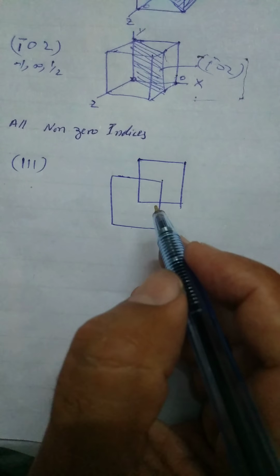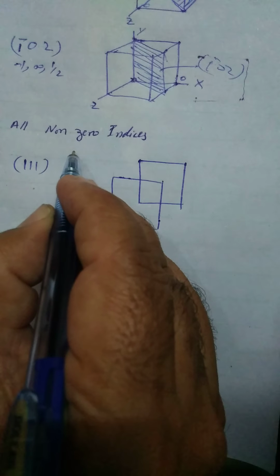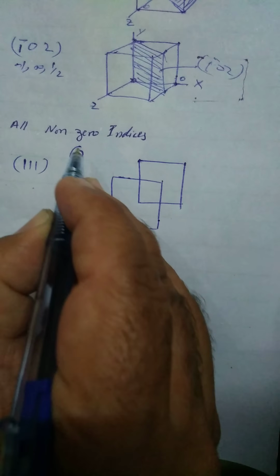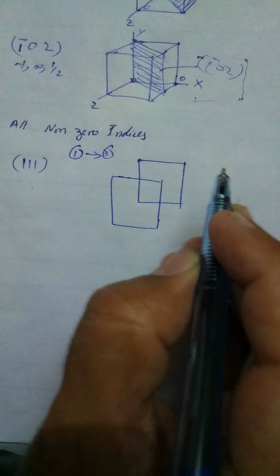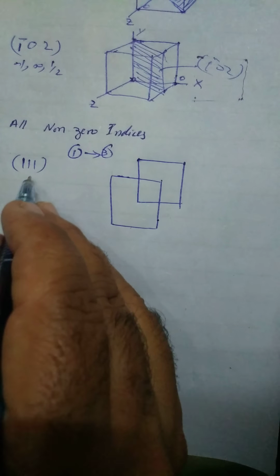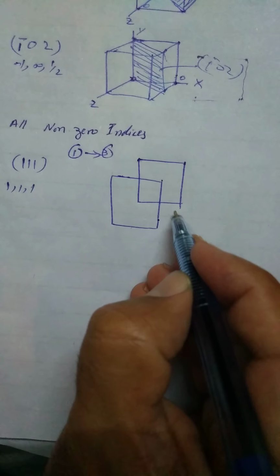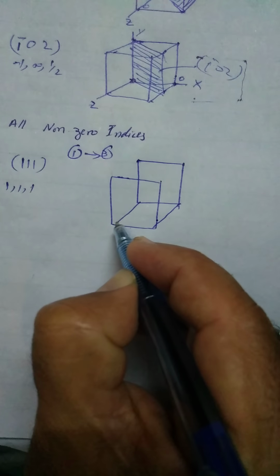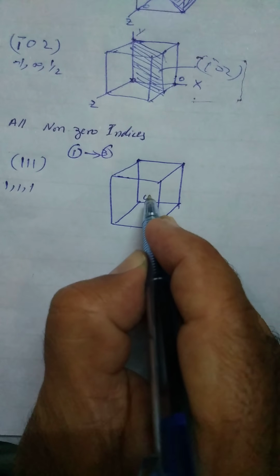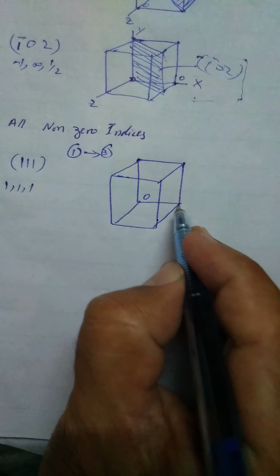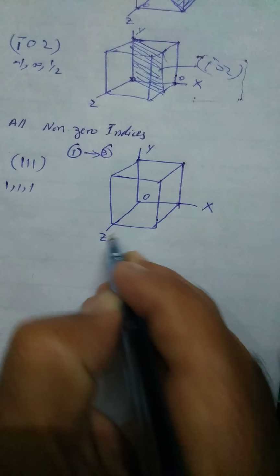If all are non-zero indices, then we have to find only one possible origin or one reference point, and finally we will get the 3 points. For example, in case of 1 1 1, the intercepts are also 1 1 1. Let's suppose this is a unit cell, and this is the only possible origin along which we can move along positive x-axis, positive y-axis, and positive z-axis.